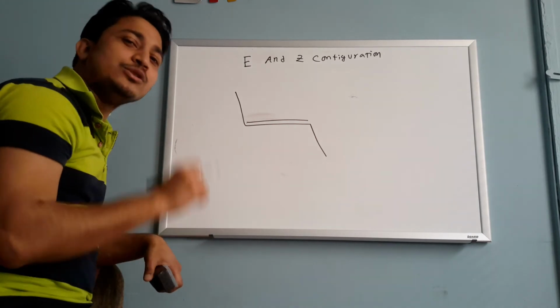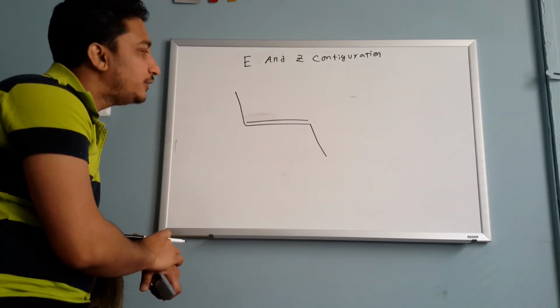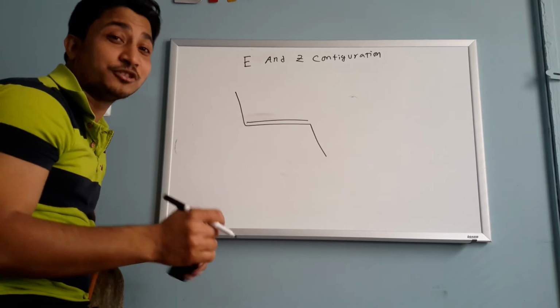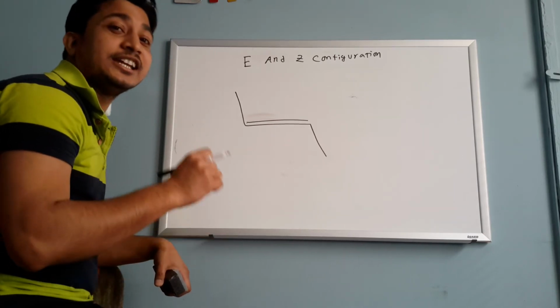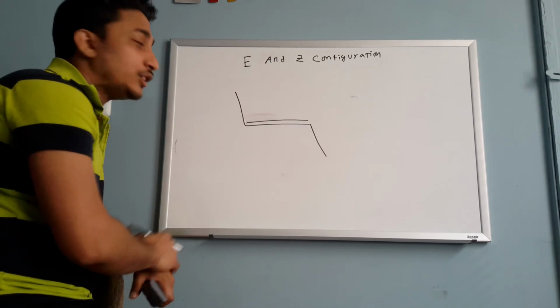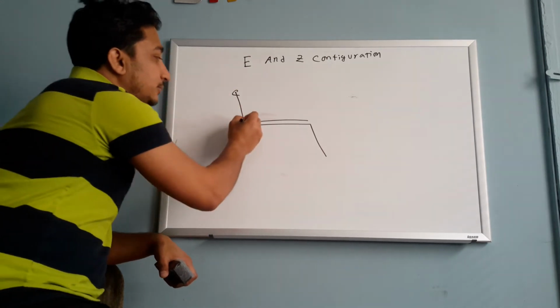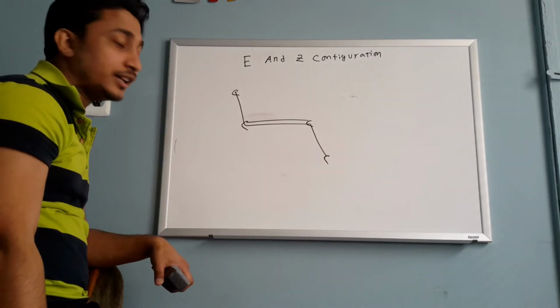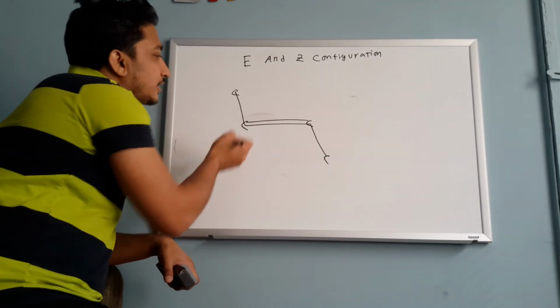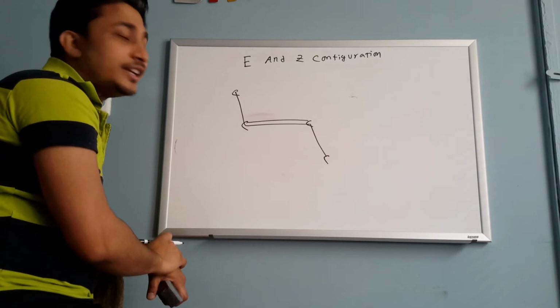My dear friend, you have to think at the beginning. If you see this kind of thing, this is a bond line formula, and in a bond line formula, you don't have to write any hydrogen. So that means this is my carbon, this is my carbon, this is my carbon, and this is also one carbon, right? And you have to write down the E and Z configuration.